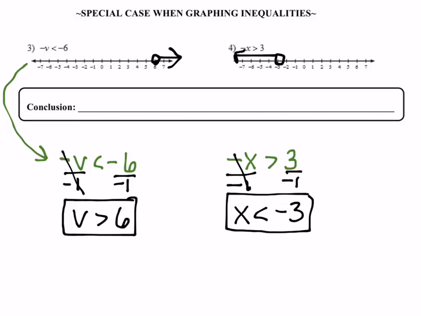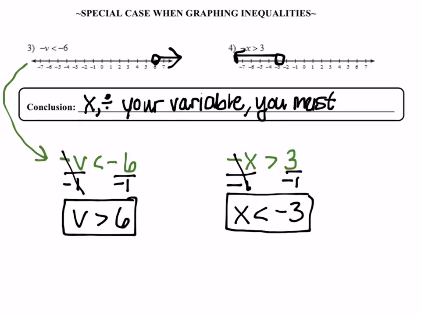So our conclusion is, if there's a negative in front of our variable, so if you multiply or divide your variable, you must flip your inequality sign.